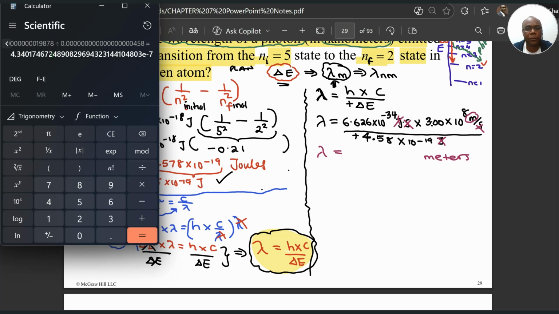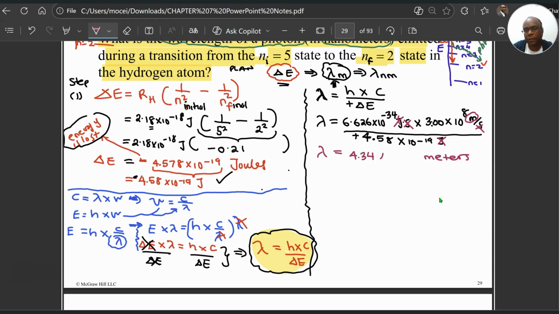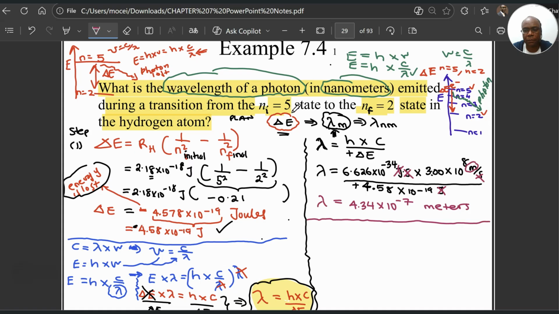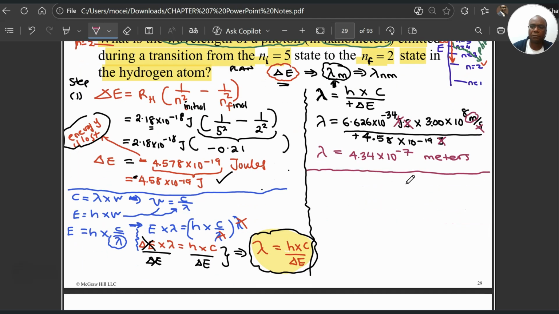We are getting 4.3436 times 10 to the power negative 7 meters. However, we have to convert it to nanometers. Read the question: what is the wavelength of a photon in nanometers emitted during a transition of an electron from n equals 5 to n equals 2 in a hydrogen atom?